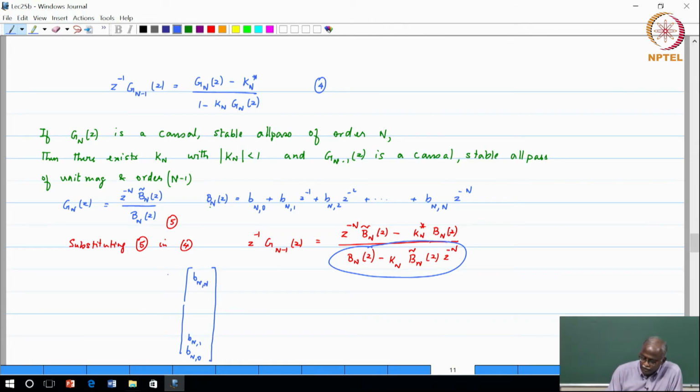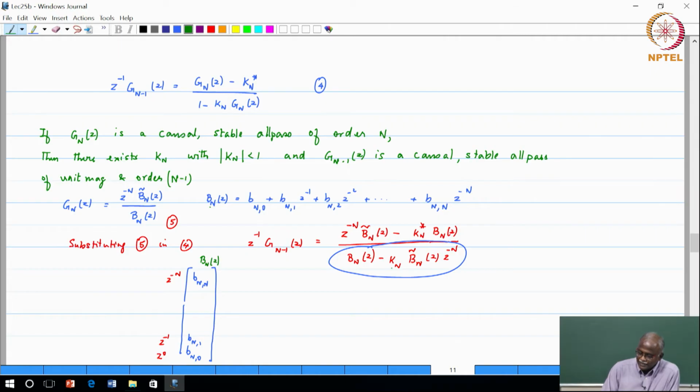In terms of the coefficients, this is the coefficient of z power 0, this is the coefficient of z minus 1, this is the coefficient of z minus n. That is b n of z. So, this is a representation of b n of z.